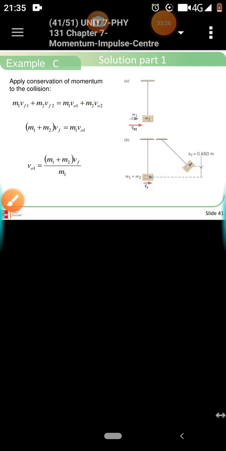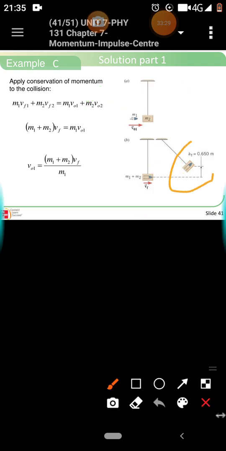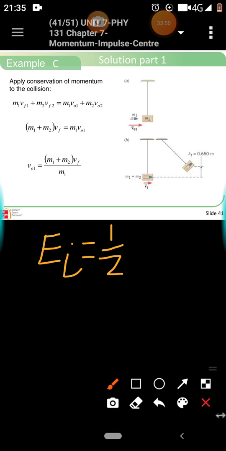I've forgotten to use half, because the kinetic energy is half m v final squared.